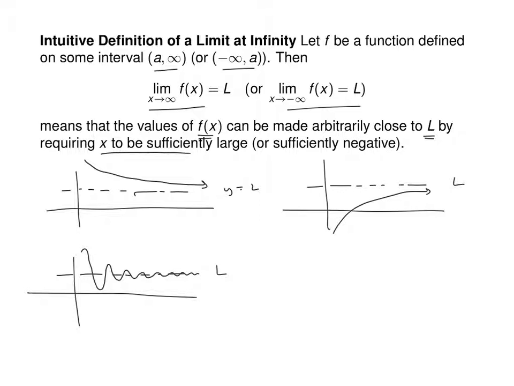And they keep shrinking. In all those cases, as the x's get large, the y's get close to L. So close to doesn't mean that the function has to be only above or only below L. You can cross your horizontal asymptotes. It's totally possible. You just haven't seen examples of it. Okay.